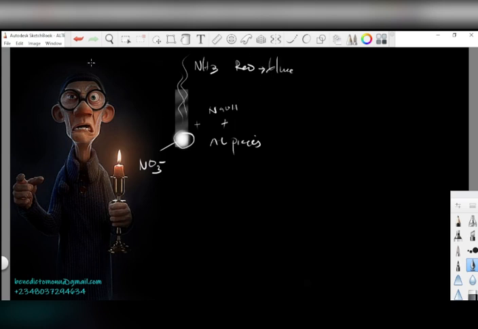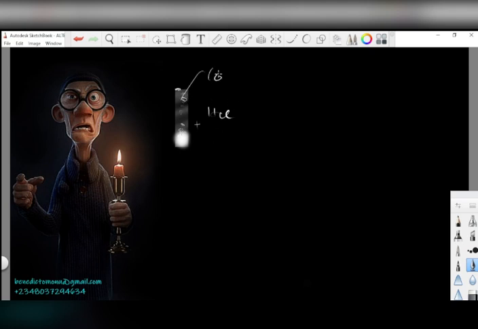And lastly, if I add any acid and I am seeing effervescence or bubbles, that tells me that must be carbon dioxide, and this sample must contain the carbonate ion.